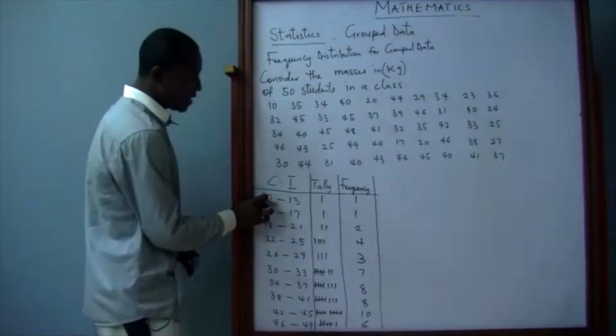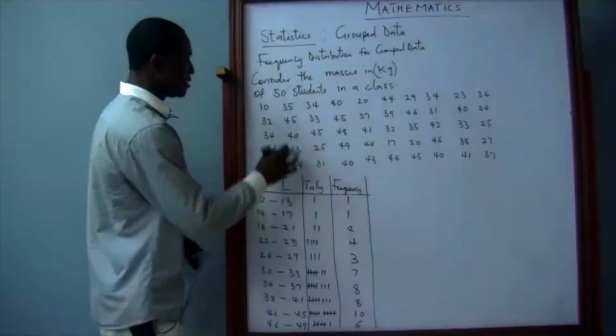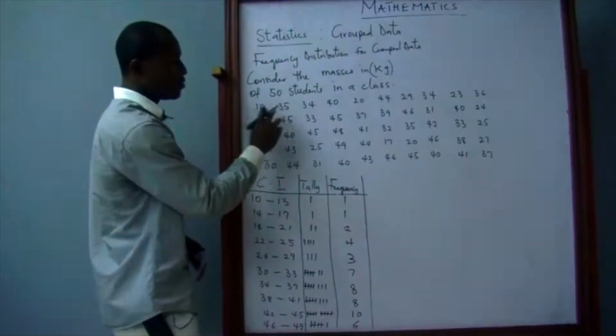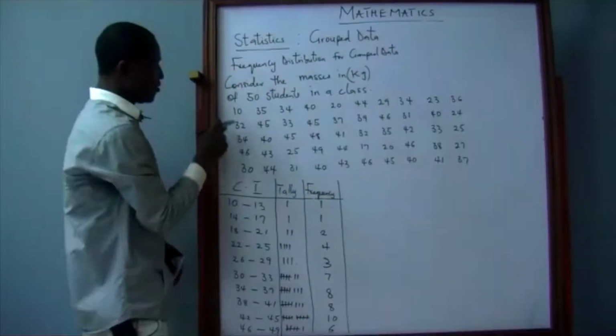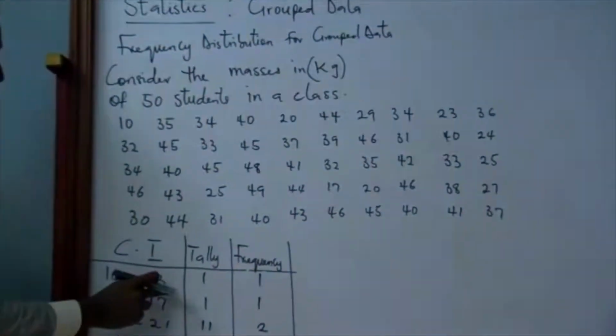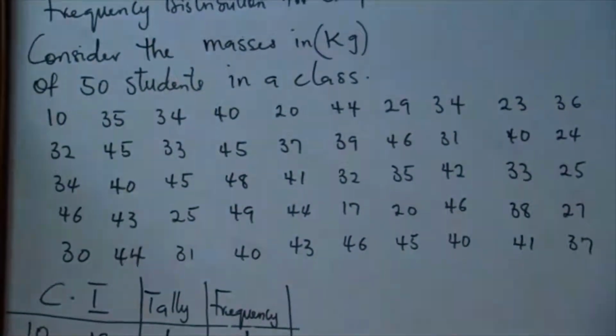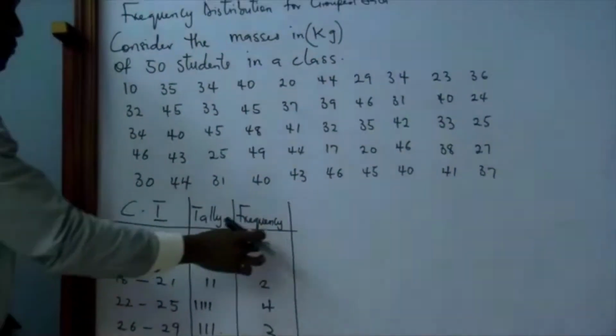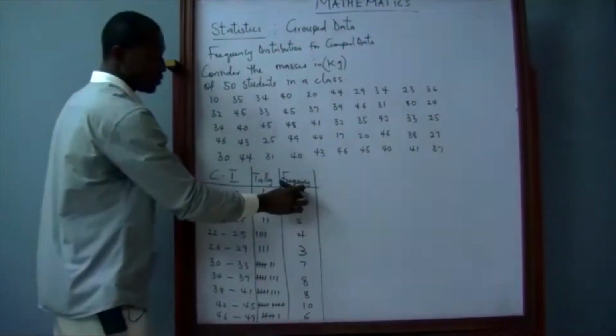So between 10 and 13, we start counting from here. It is only 10 that we have. If you look at this data very well, we have only 10 between 10 and 13, and that's how I got 1. The tally represents a symbol of 1 here, then we write 1 here.